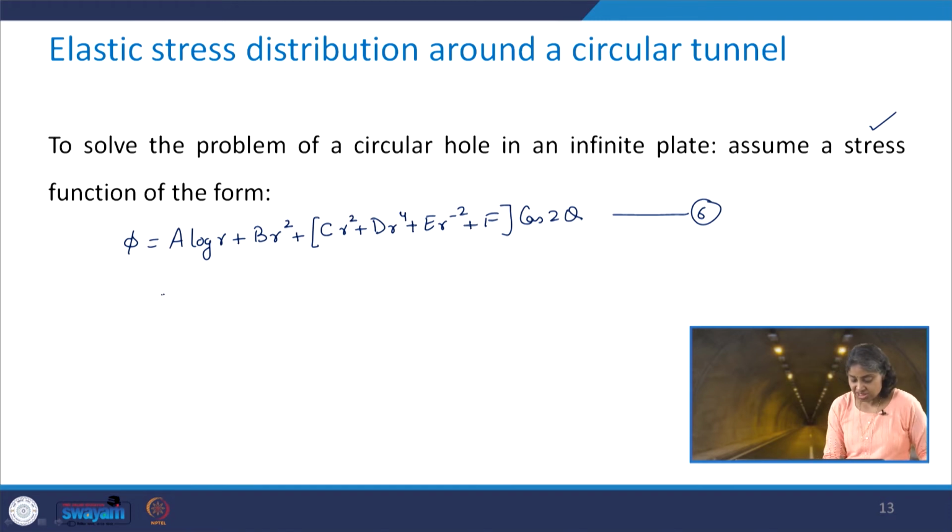So, this stress function phi is a function of r comma theta.